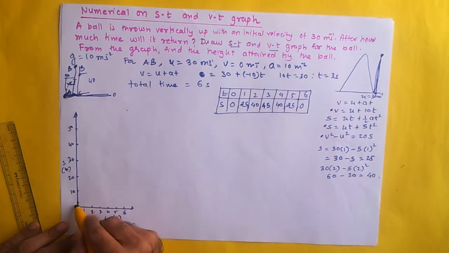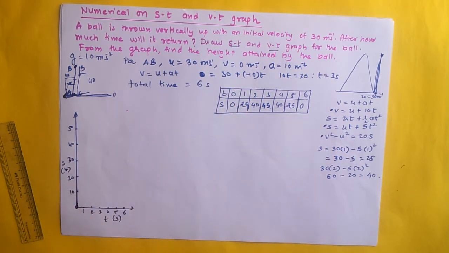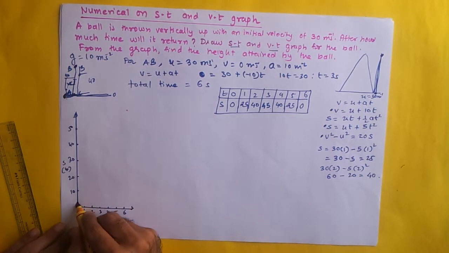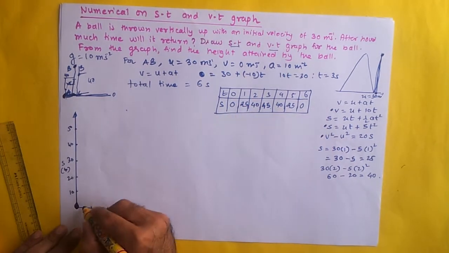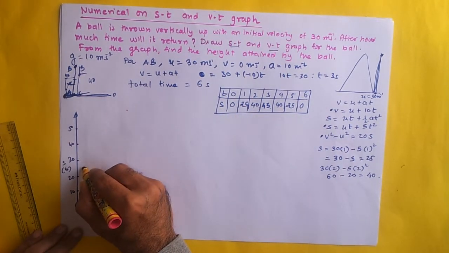The first point is 0, 0, so I'll get a point over here. The second point is 1 and 25, so somewhere over here.